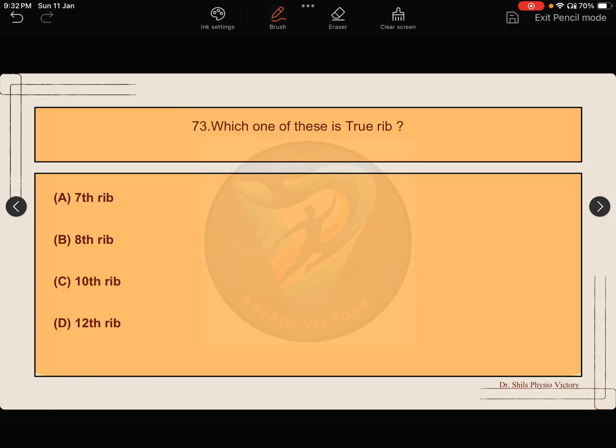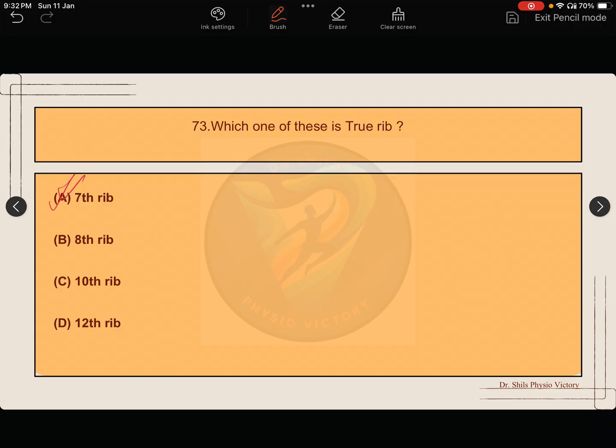Next, come to question number 73. Which one of these is a true rib? So, option A, 7th rib, option B, 8th rib, option C, 10th rib, option D, 12th rib.